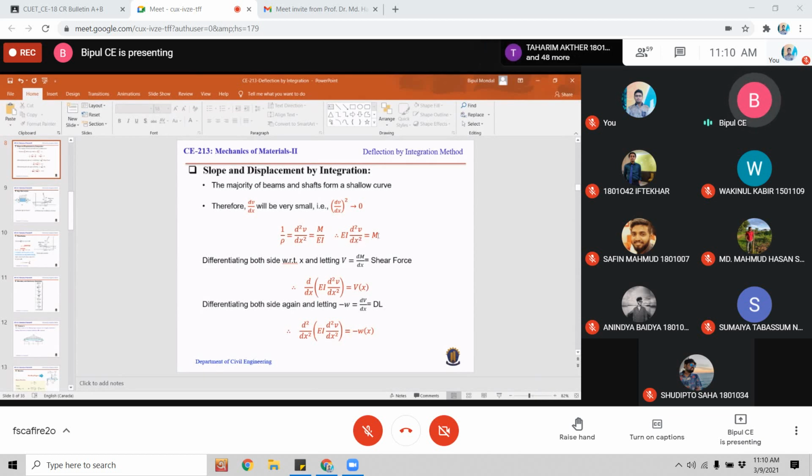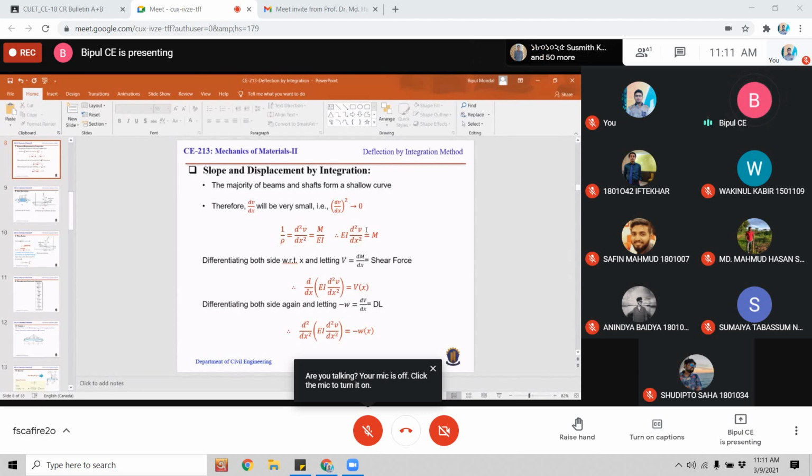We have to express the moment in terms of x because, to calculate the deflection, we have to integrate this equation two times. We know that if we integrate an equation once, we get one constant.